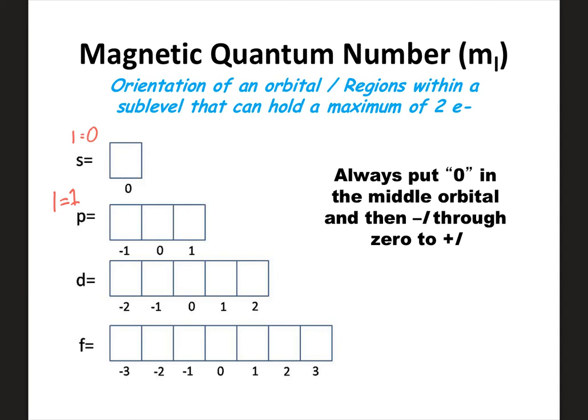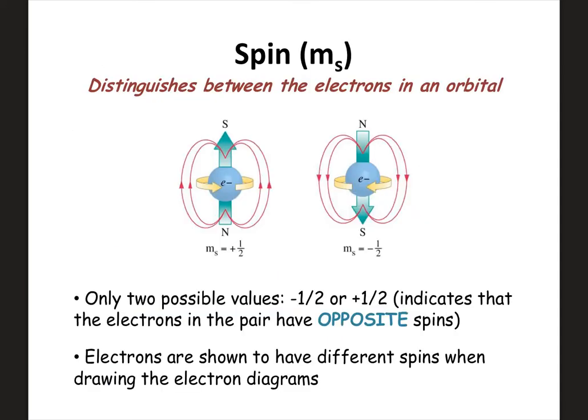So you can go from -3 to +3, put the 0 in your middle orbital, and then number in both directions. So that's basically how you would figure out the third quantum number, the magnetic quantum number. It does depend on which sublevel you're in and which numbers it's going to have. But it goes from -L to +L, including 0.